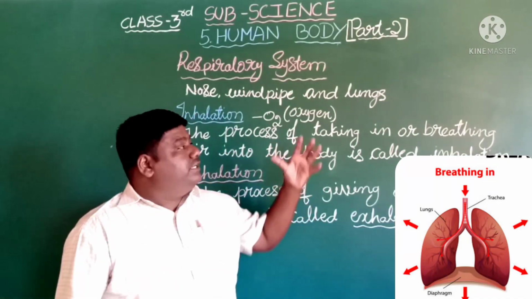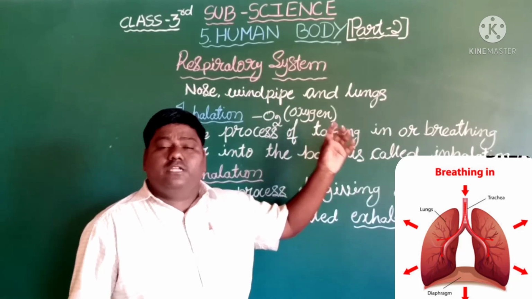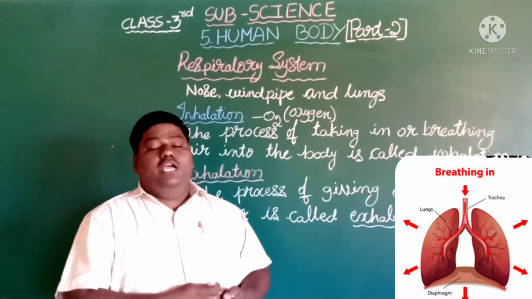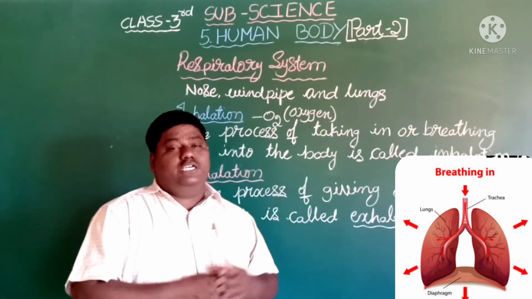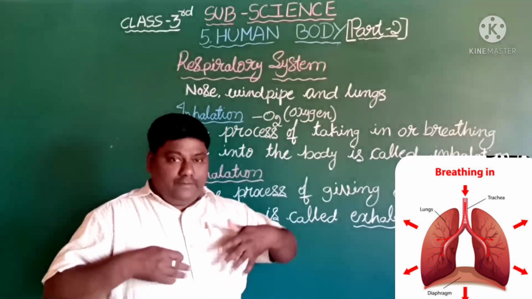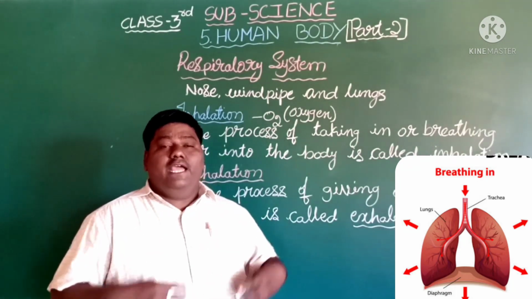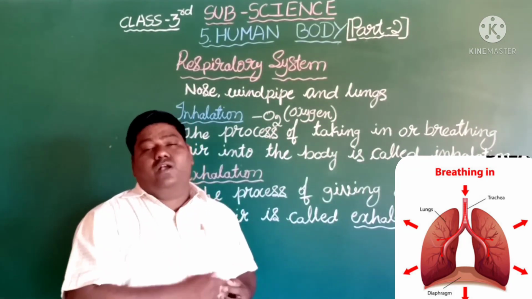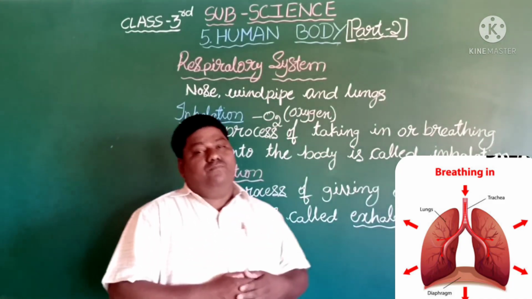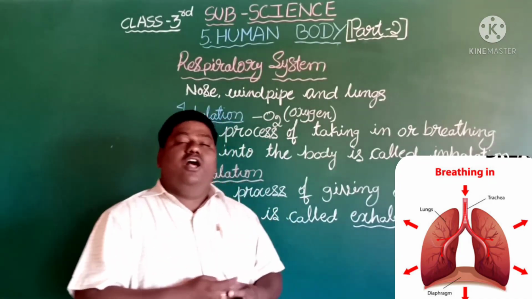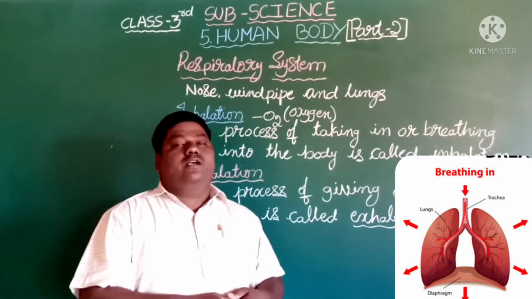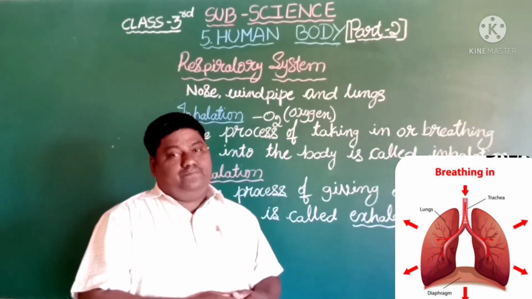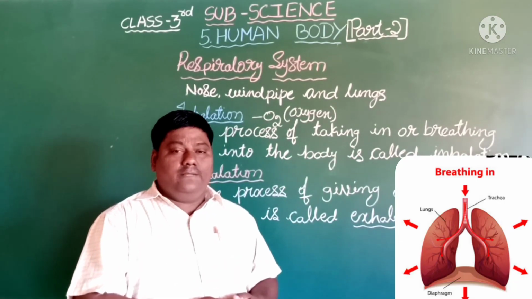See, all of you, dear children, observe the picture. At the time of inhalation, below the lungs a layer is present that we call the diaphragm. What is that? Diaphragm. In Kannada we call it vape. Okay.